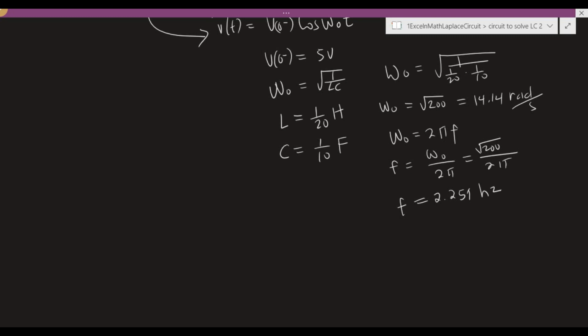Okay, and the period is 1 over f, 1 over 2.251, and this is equal to 0.44 seconds.